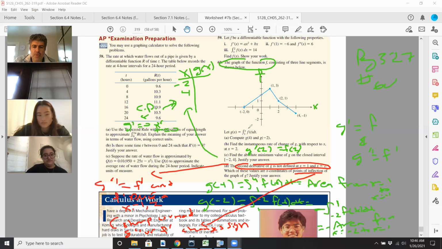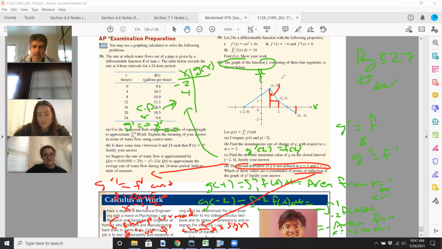So for G of 4, remember starting at 1 and going towards 4. Actually, if you notice, these areas will cancel out. Let me do this with 4 regions here. So we have region 1, 2, 3, 4.